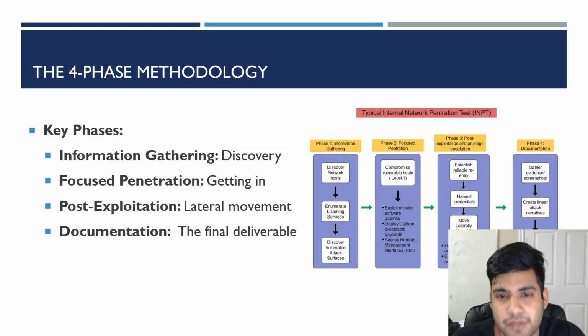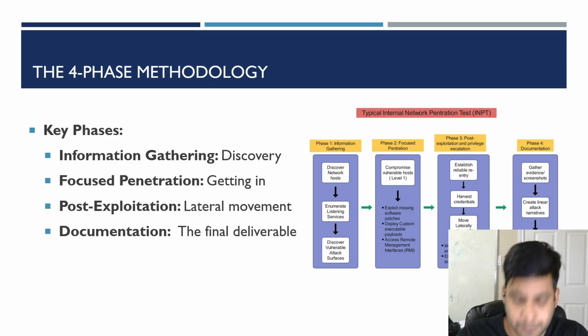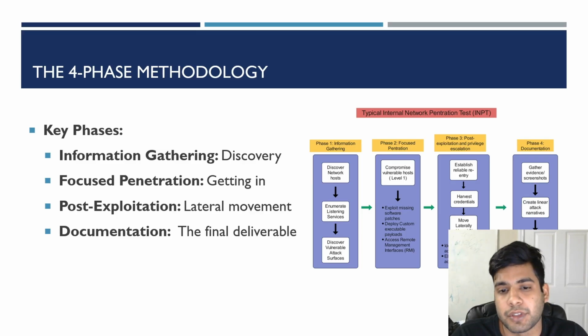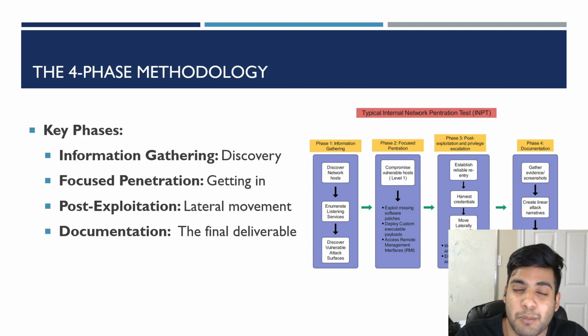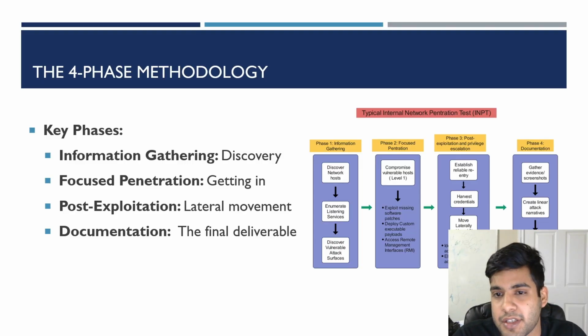So the first phase is information gathering, where the pen tester will figure out the number of live hosts in the network, and then check what services are running, and then find the vulnerabilities in each of the services and any unpatched vulnerabilities where the attacker can get into their system.